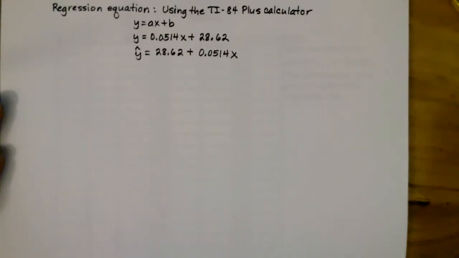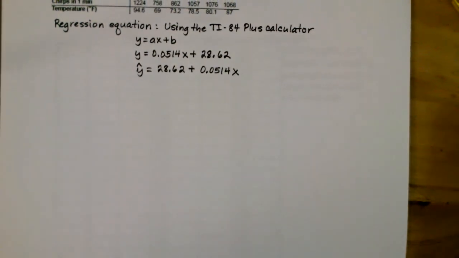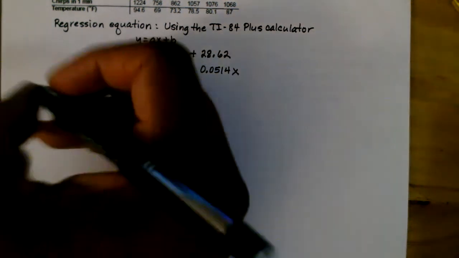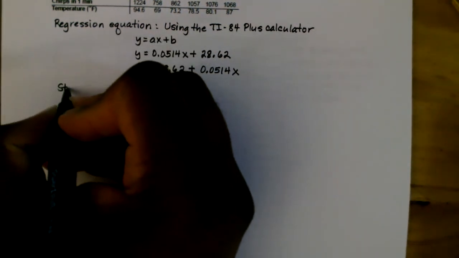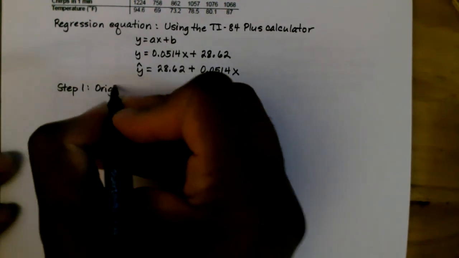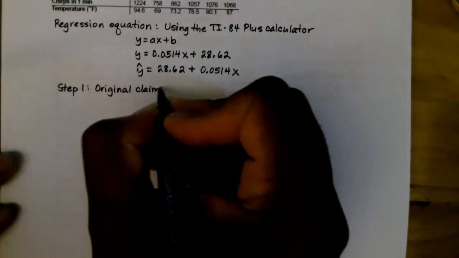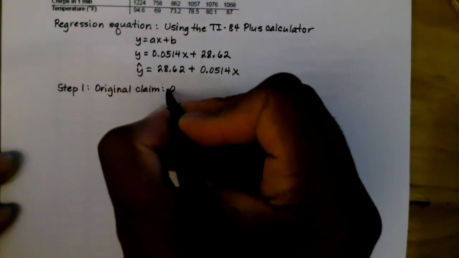All right. Now, let's do the 8-step hypothesis testing procedure to find out if this regression equation is a good model for this data set. Starting with step number 1, writing the original claim in symbolic form. And of course, our claim is that there is a linear correlation between the two variables.